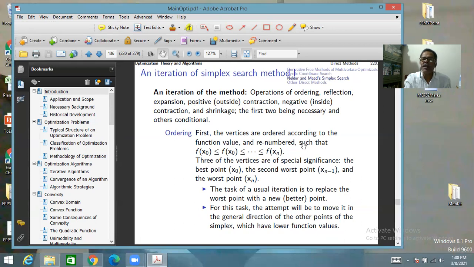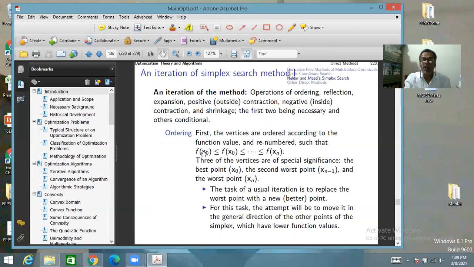So you renumber the vertices of the simplex such that fx0 is least, then fx1, then fx2, and you order them as x0, x1, x2, x3, etc. according to the function value. The lowest function value vertex is now called x0 and so on. The highest one is xn. Fine.